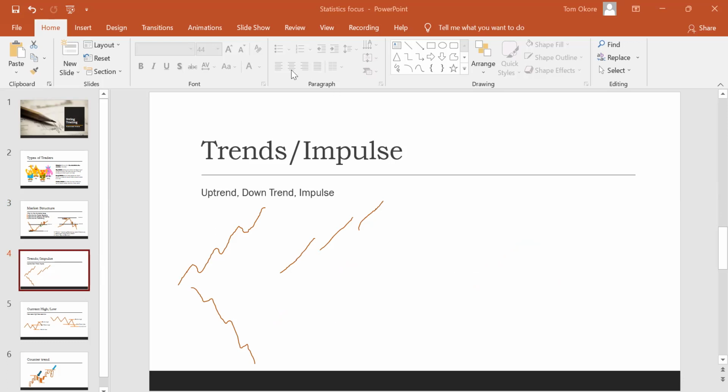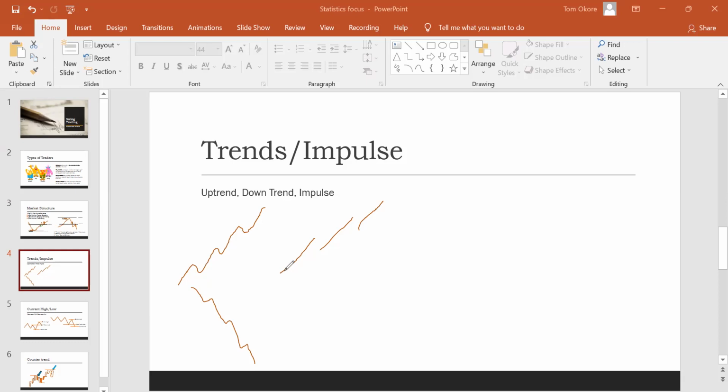All right. This is a very important point to understand. I was drawing this to show you what an uptrend is and what a downtrend is. So this is an uptrend and this is a downtrend.